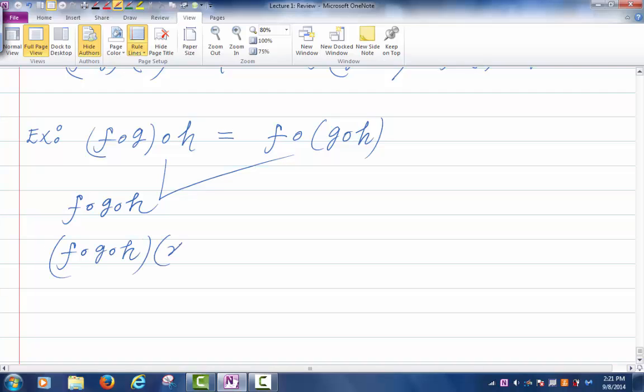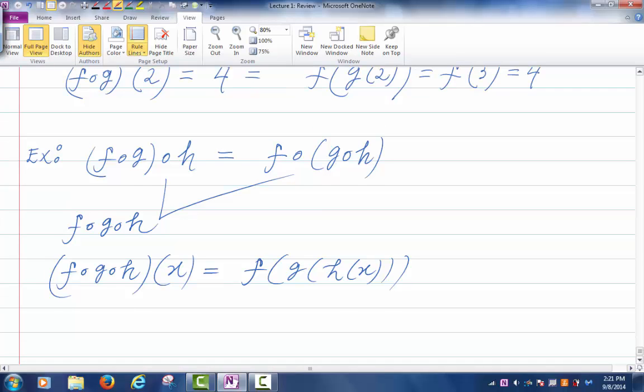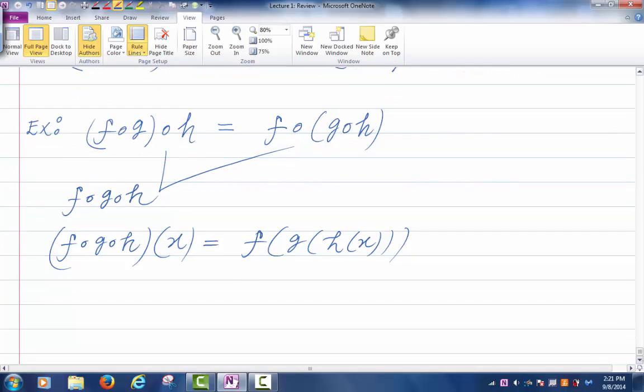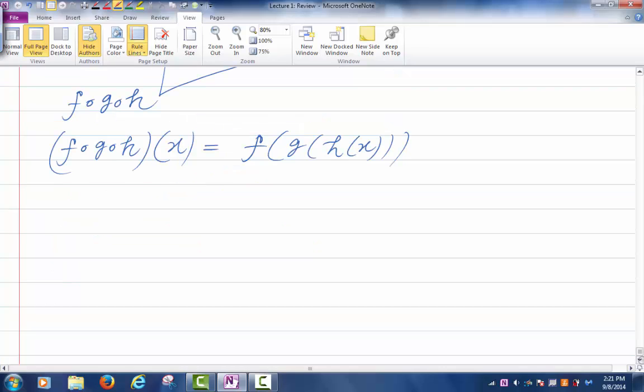What's the meaning of this composition? Well, it is f of g of h of x. How many parentheses do I need? One more. Okay? If you have 4, 5, 6, you can have as many as you can imagine. So this is the definition of composition of three functions.